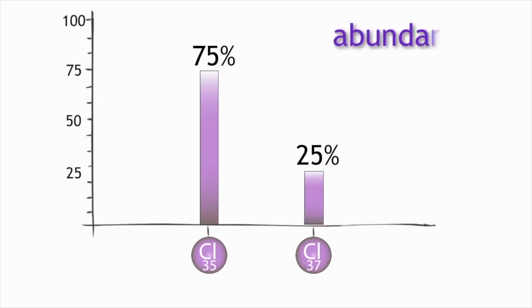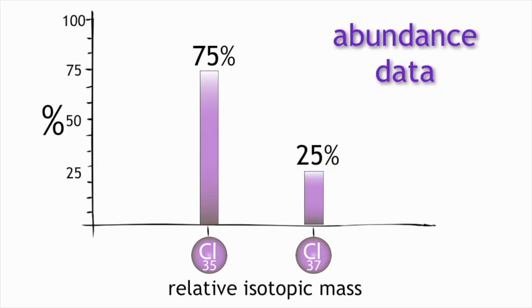Naturally occurring chlorine is made up of 75% chlorine 35 and 25% chlorine 37. This can be shown to you on a graph to show abundance data. where the relative isotopic mass is shown along the x-axis and the relative abundance is shown on the y-axis.